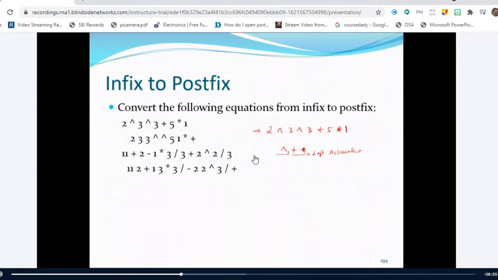But if you come across the exponentiation operator, the associativity is right to left, so it is right associative. So you have to make some modifications in the algorithm to solve such expressions which consist of operators that are right to left associative. We'll see what modifications you have to perform. Is it clear what I told?